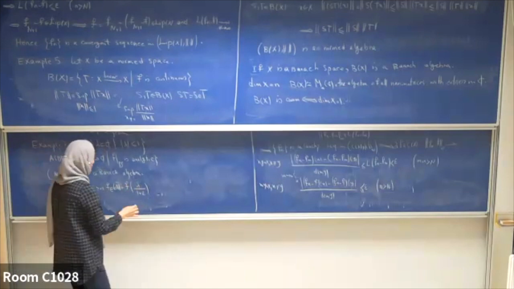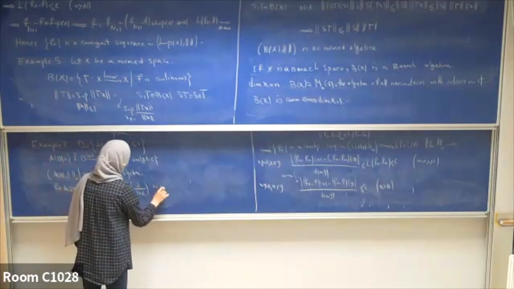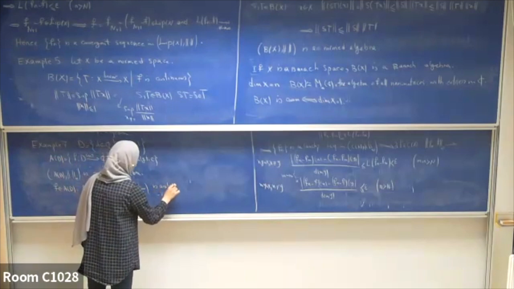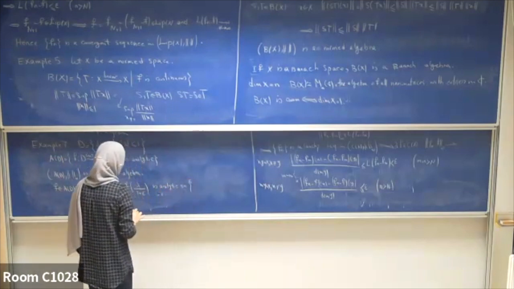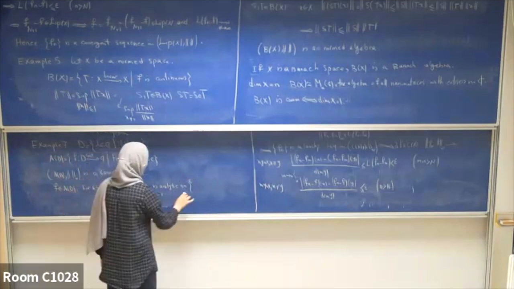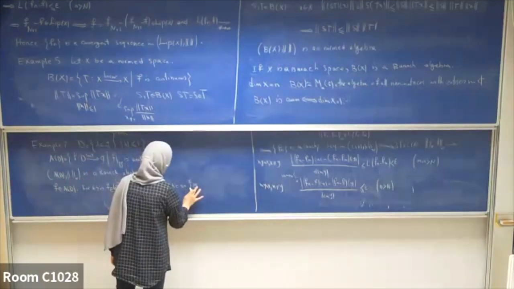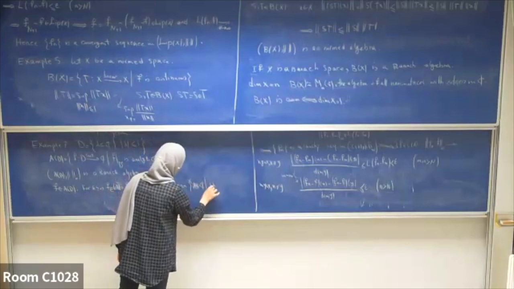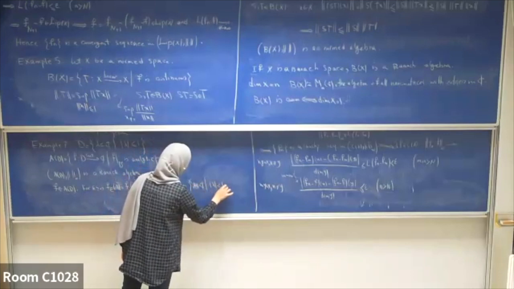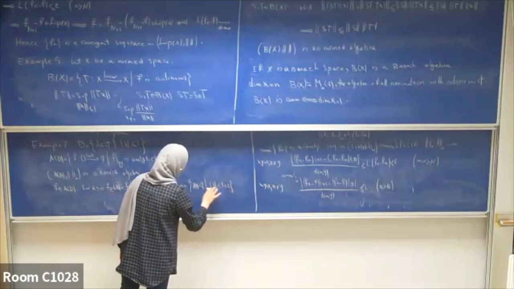This is analytic on the open disk of lambda in C such that the absolute value of lambda is less than 1 plus epsilon.